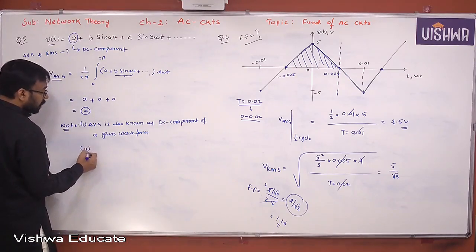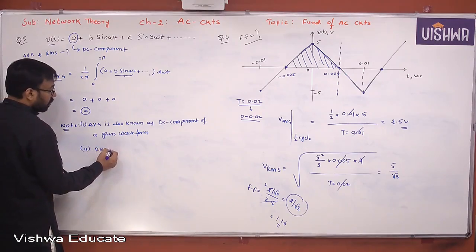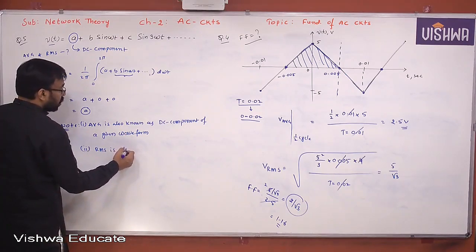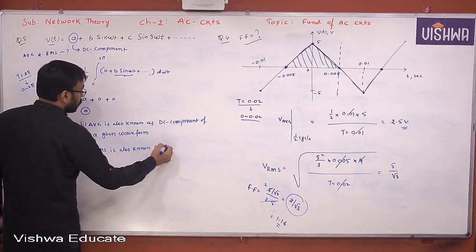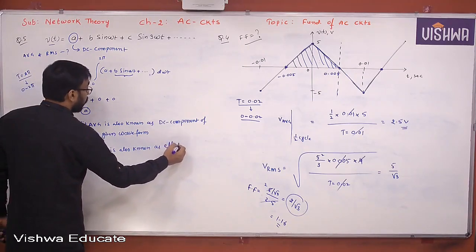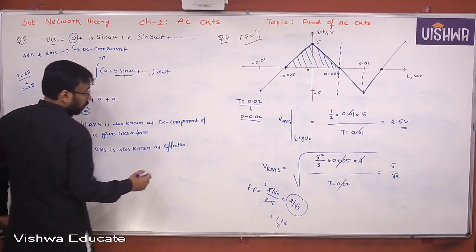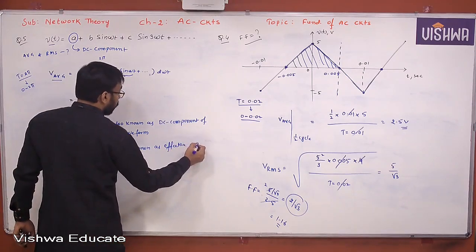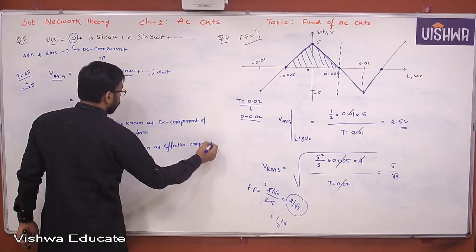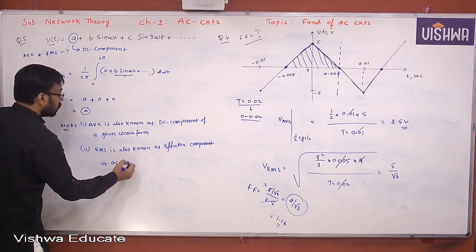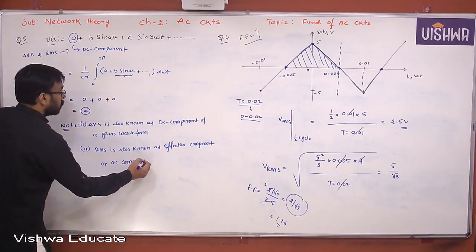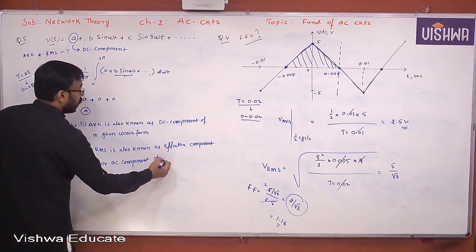Second one, the RMS value is also known as the effective component or AC component of a given waveform.